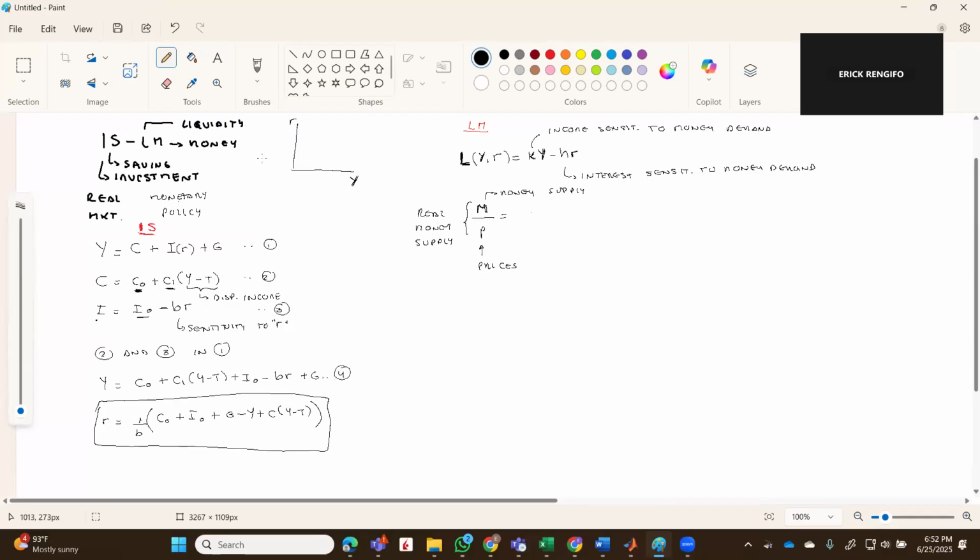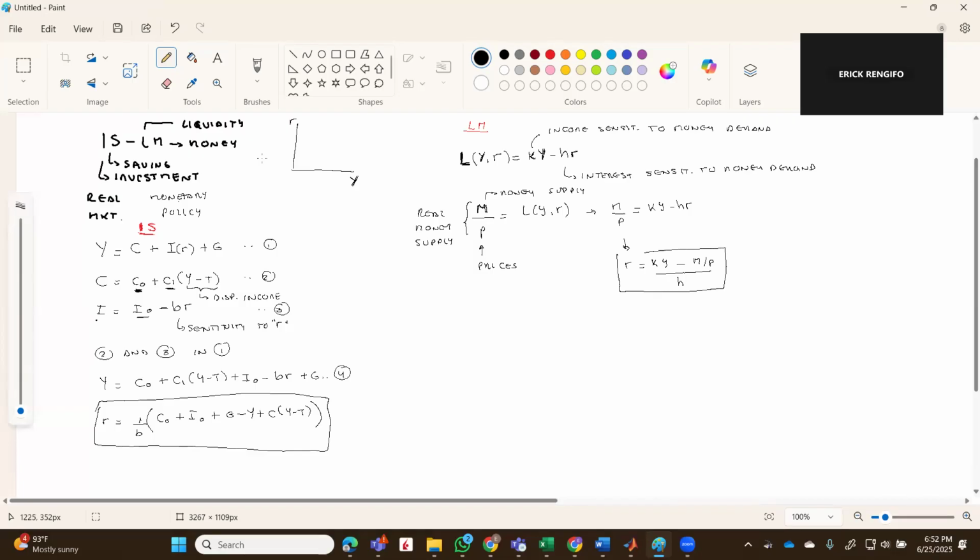And this is going to be equal to my liquidity function. So from here, guys, if I do the same, I simply replace, and I want to have R as a function of Y. So my R is going to be equal to KY minus M over P, divided by H.